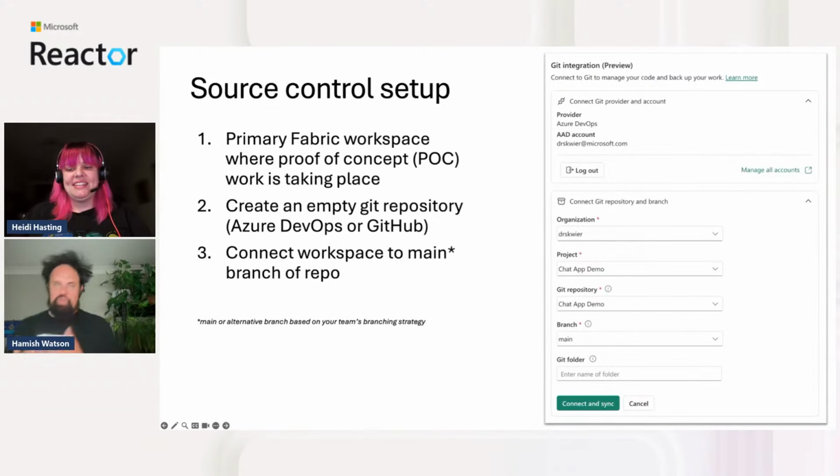Now, as a true DevOpsologist, I would say, maybe don't use main. You might want to use some form of alternate branch, depending on your branching strategy or policy. Personally, I would probably use a feature branch, work along there, and then use the usual source control methodologies of merging that into main.